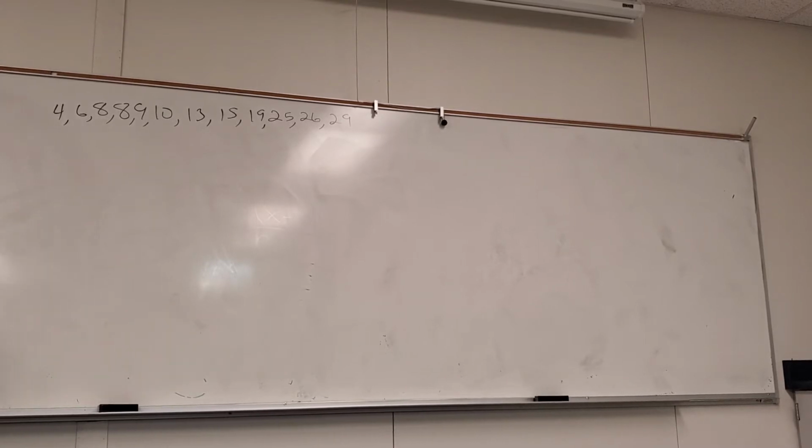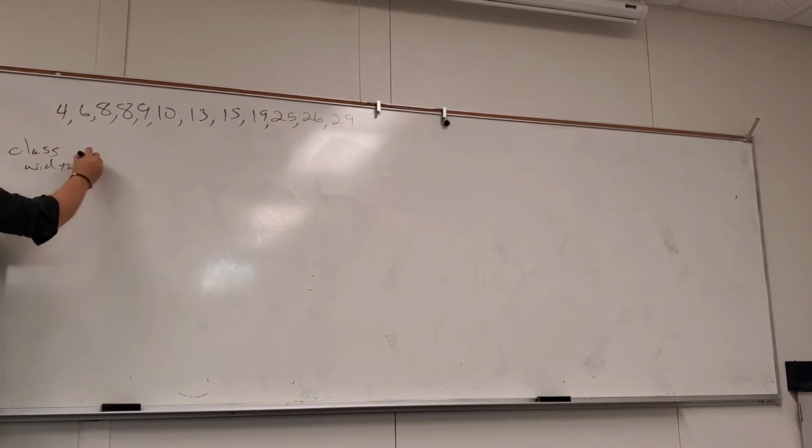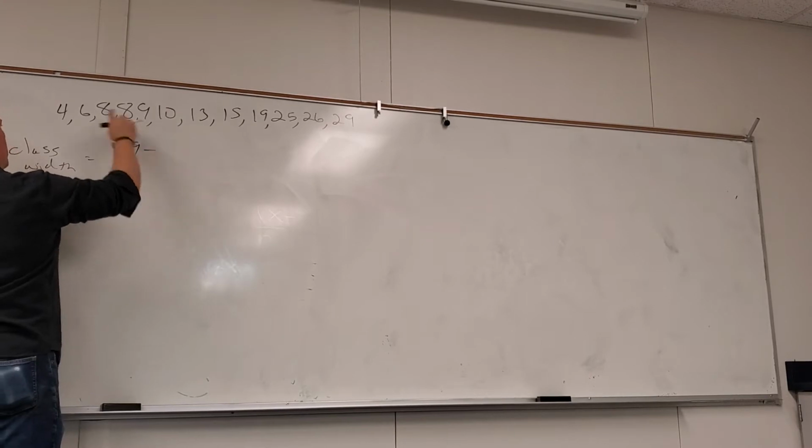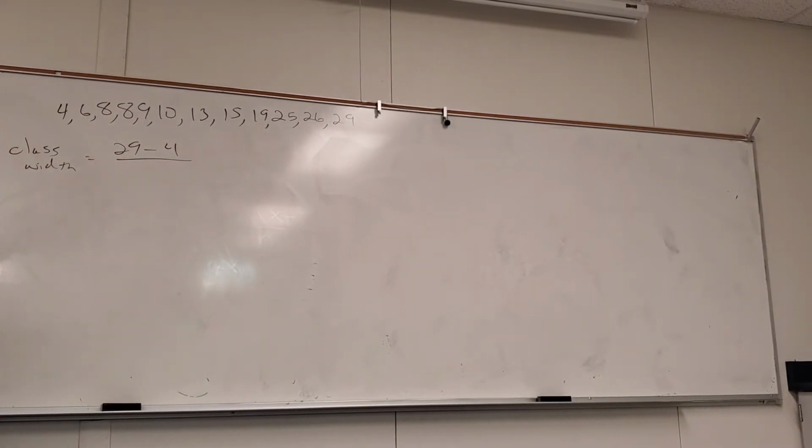That's nice. How do I get the class width? The highest minus the lowest, divided by 5. We'll do 5 because it's a very small set of data, so I'll use the least classes.